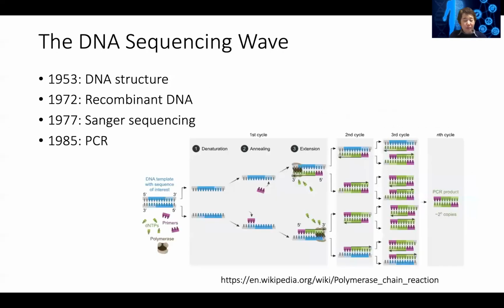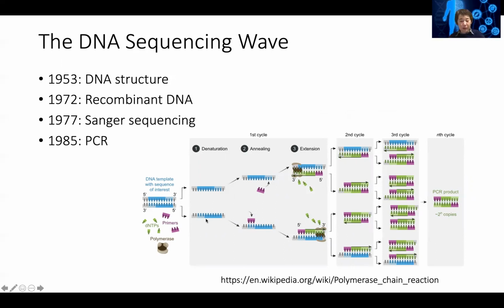And so at the time, DNA sequencing was limited because you had to have enough DNA of the same thing to sequence it. Until about 1985, when the polymerase chain reaction was developed, which allowed people to amplify any specific piece of DNA into many copies.